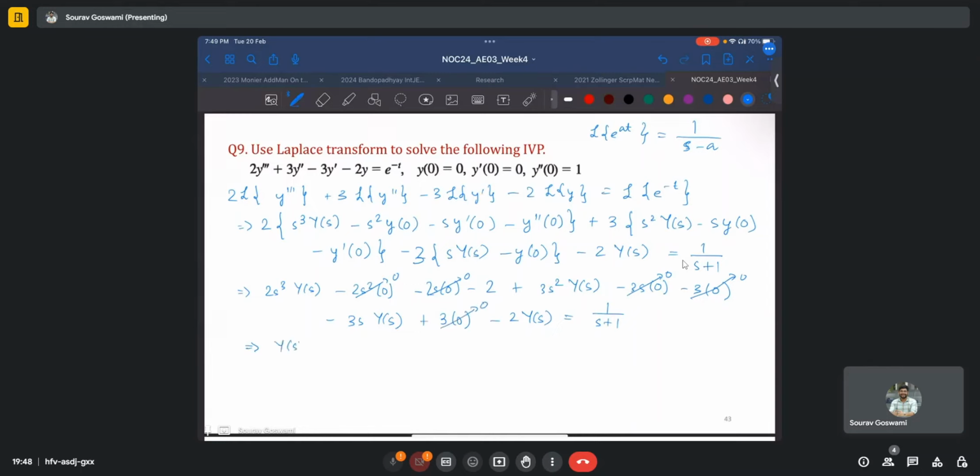We have y of s times 2s cube plus 3s square minus 3s minus 2. So these terms are taken care of.